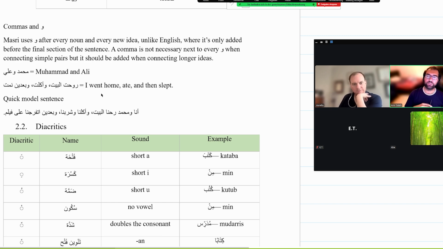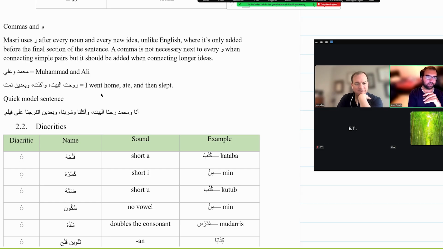The way we use commas. First, in English, if you're going to count three things, noun number one, then you write a comma, then noun number two, and then you write and only one time at the end, and then the third noun.